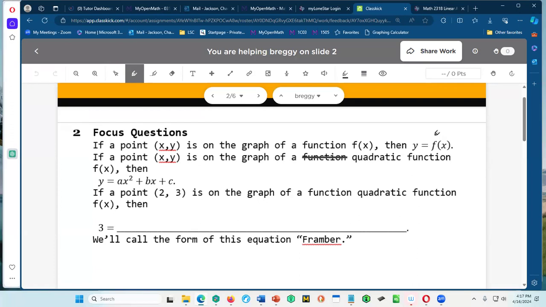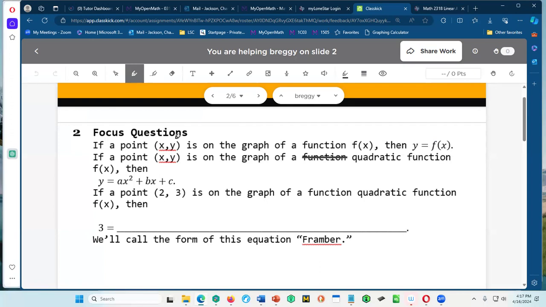If you have y equals f of x, that determines a point on the graph xy. And when you read that, you think, okay, I'll buy that. Straightforward. But it's actually an extremely useful fact, which if you don't know it, and there are college algebra students that don't know it, then you're going to be in trouble.